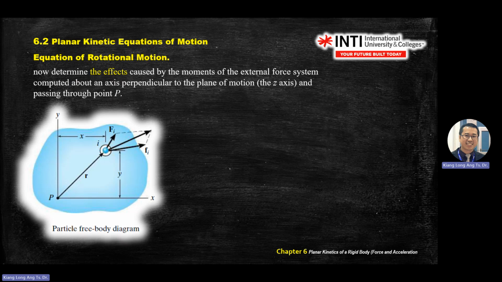The distance from P to i is in the x direction, and the y direction is given here. You have an external force here, F, which you can split into vectors, and so on. This is a resultant force, and if you have, say, three forces, you can combine them in a vector diagram.